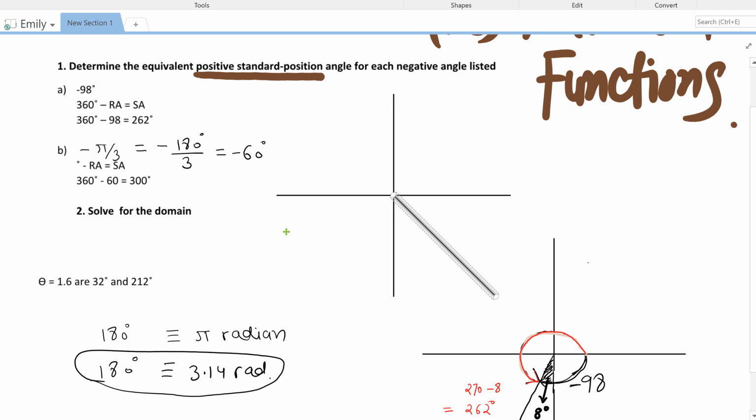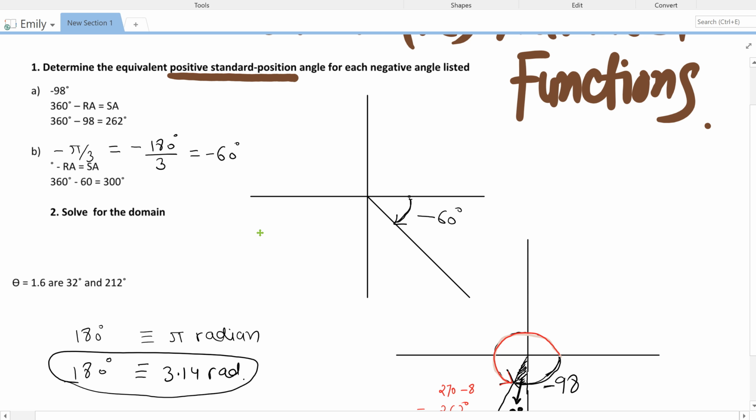Looks like 60 now, and negative rotation is clockwise. So this angle is negative 60 degrees. And we have to do positive standard position. Standard position means you approach the terminal arm from this side, which is anti-clockwise.